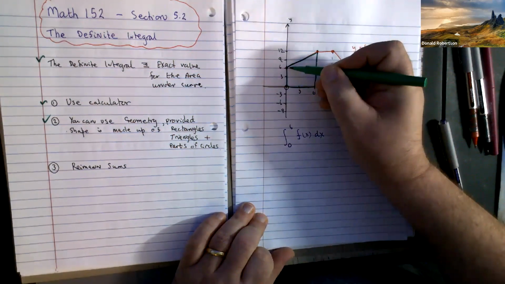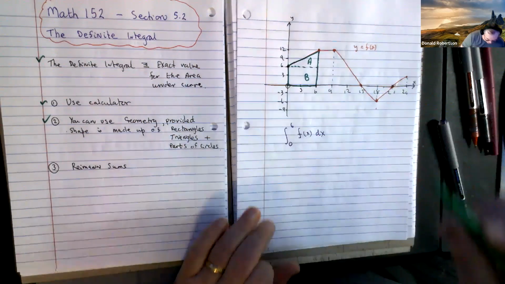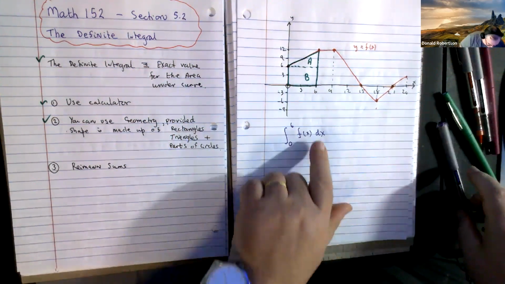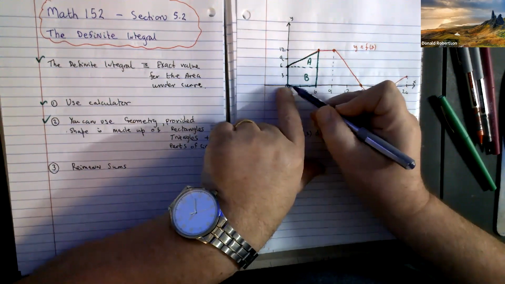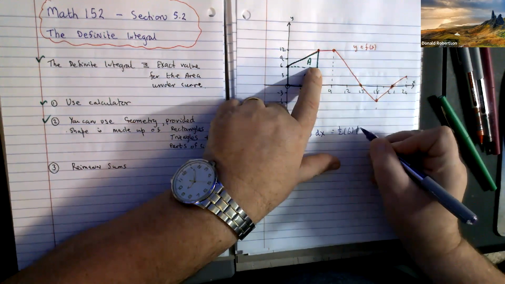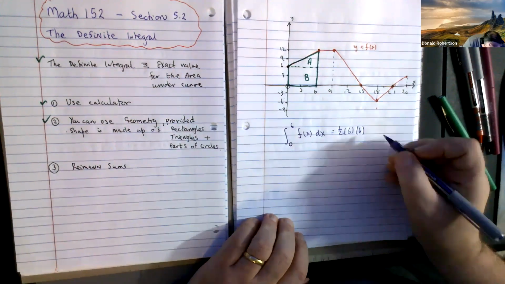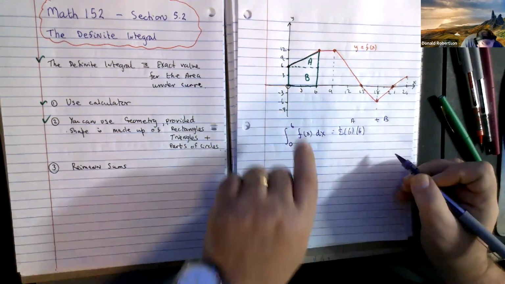I would probably break it into a triangle and a rectangle. Now, the area of this triangle is 1/2 the base, which is 6, times the height, which also is 6. And that's basically A. And then I'd add the rectangle.